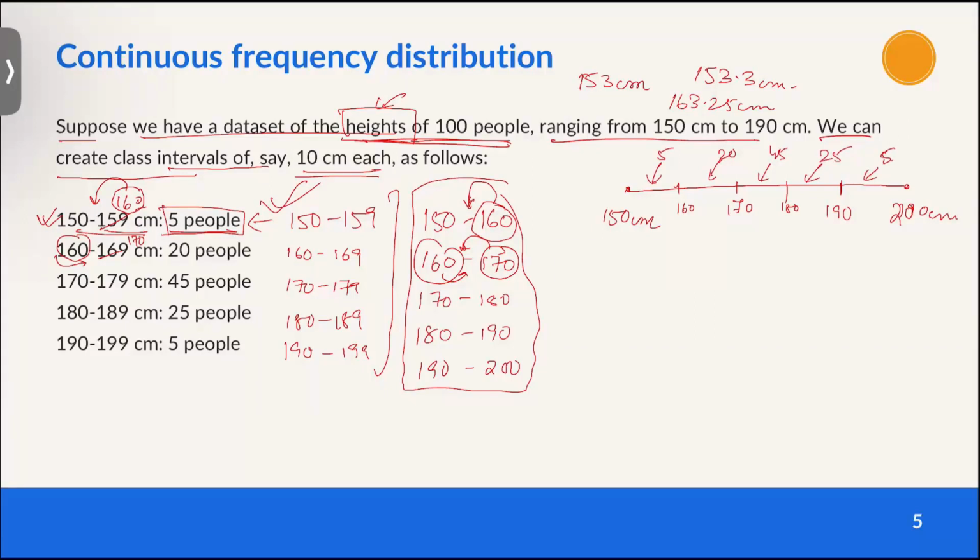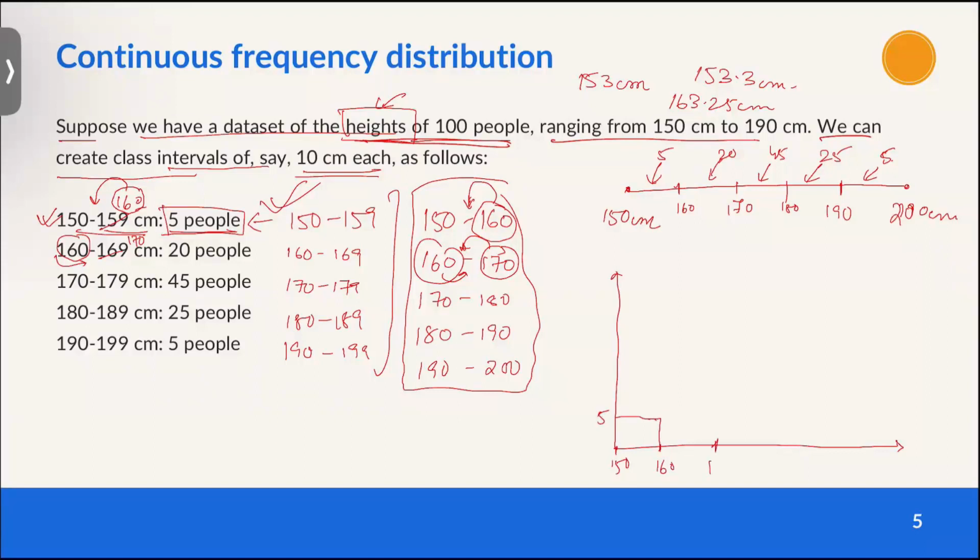Okay. So this is a frequency distribution. And you may have read in the previous classes that we can draw this using a histogram. So from 150 to 160, you can draw a histogram with height 5.